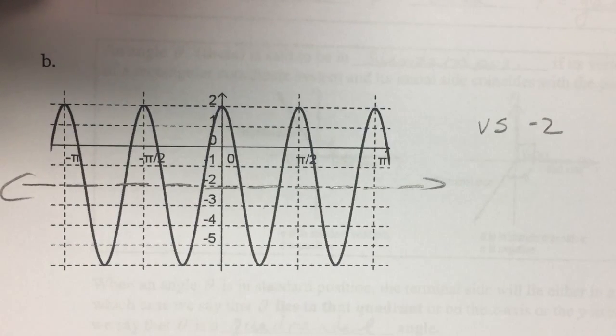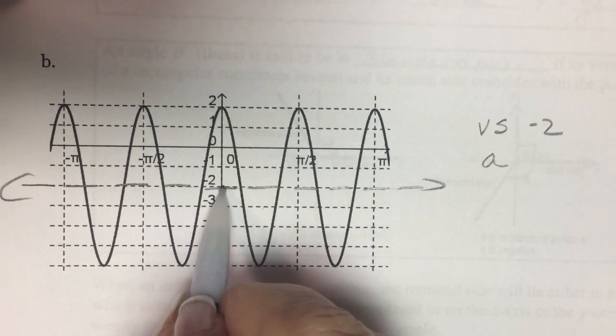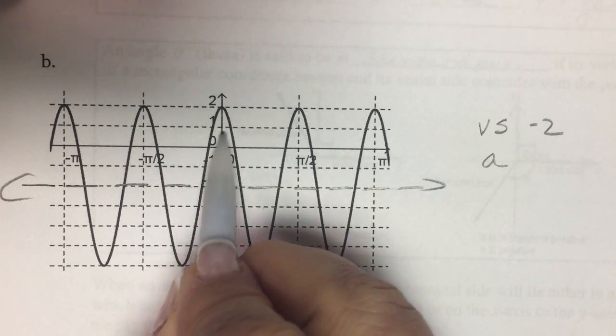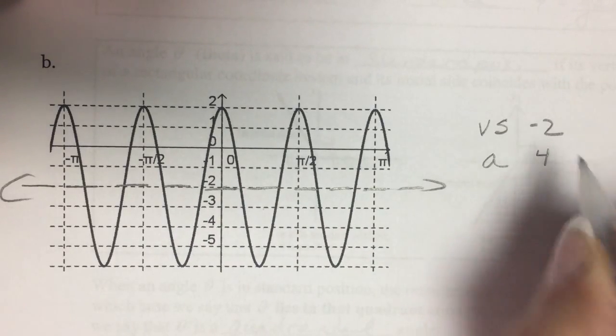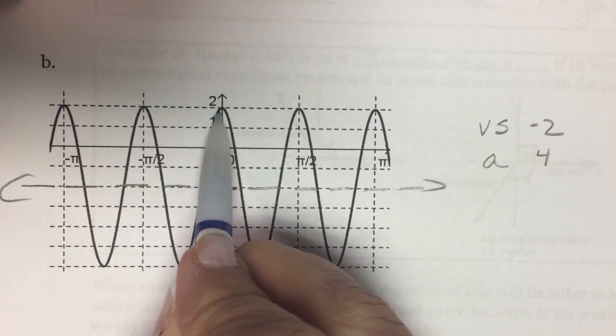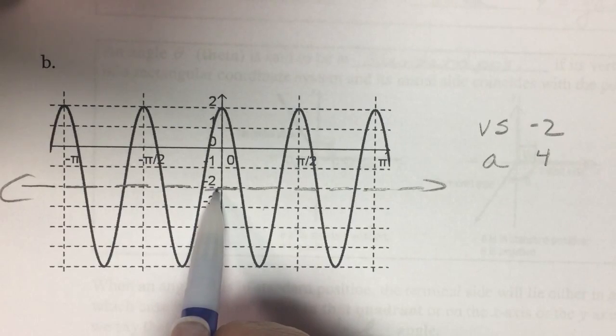Okay, so now if I go ahead and look, I can tell that my A, now remember this is the new origin, it's starting up here, that's 4 spaces, so my A is actually 4, because you remember the cosine graph does not go through the origin, it starts up on the y-axis, so my A is 4.